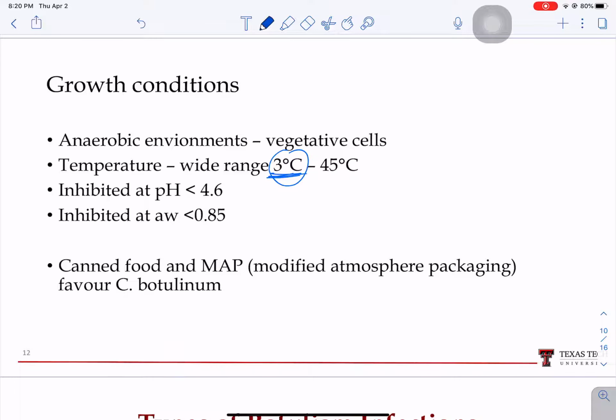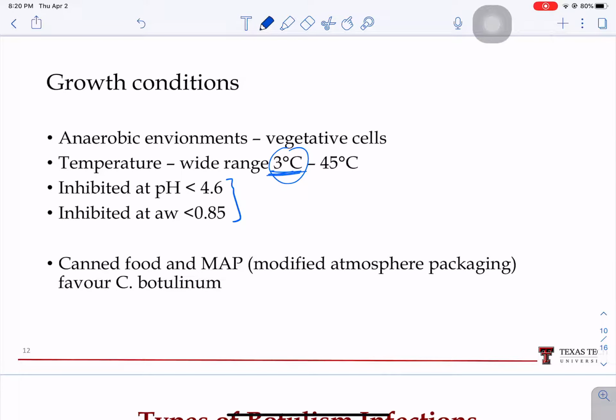Now, for sure, we will inhibit this microorganism at lower pH. A pH below 4.6 and water activity below 0.85 will not support the growth of this microorganism. And because it's a strict anaerobe, canned food and MAP, which is modified atmosphere packaging, will favor the growth of these bacteria.